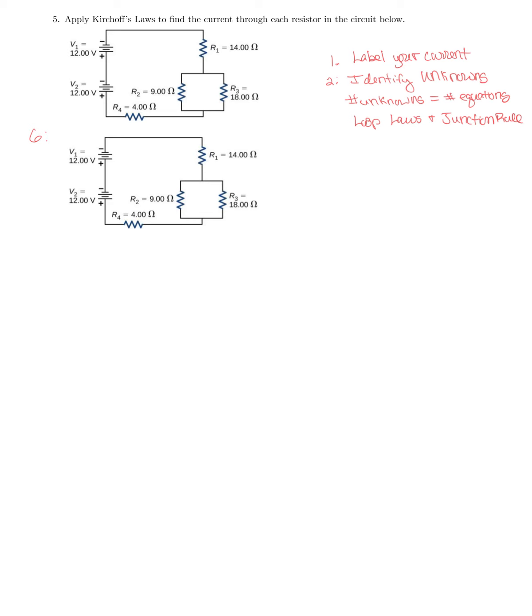So I'm going to start with current, let's say right here. I'm going to have my current start here, and it's going to go around, and then boom, it hits a junction. So we have a junction here and a junction here. Junction means my current has choices. So I have I1 going around this way, and it gets right here and decides that some of it is going to go this way, and that some of it is going to go this way.